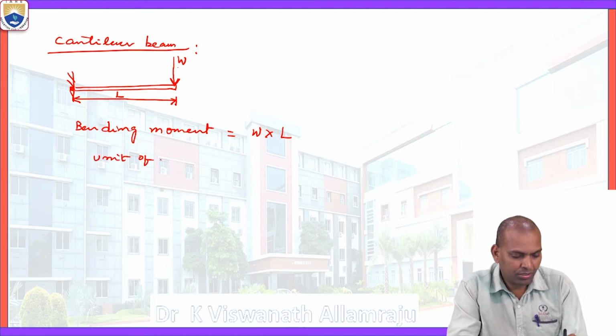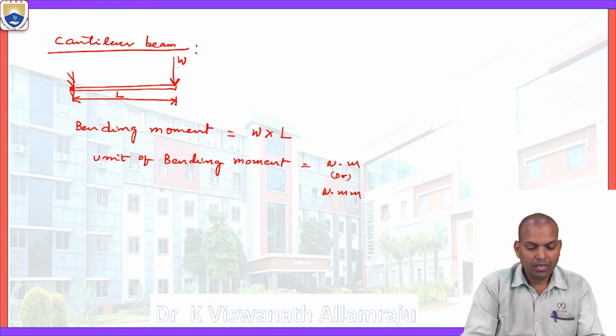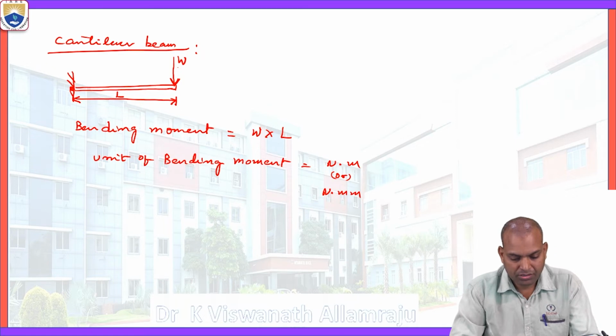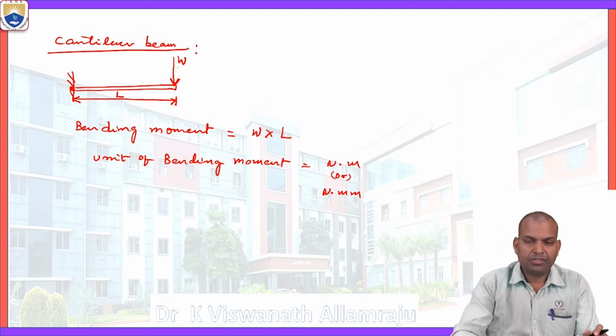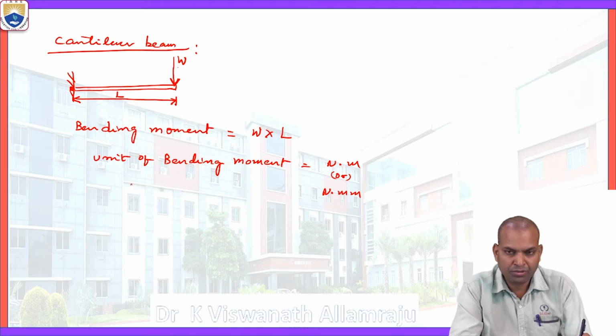The unit of bending moment is Newton meter or Newton millimeter. If the length is in millimeters, it is Newton millimeter. If the length is in meters, it is Newton meter.